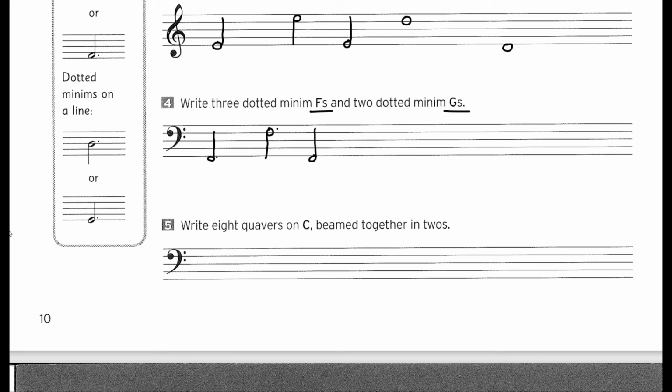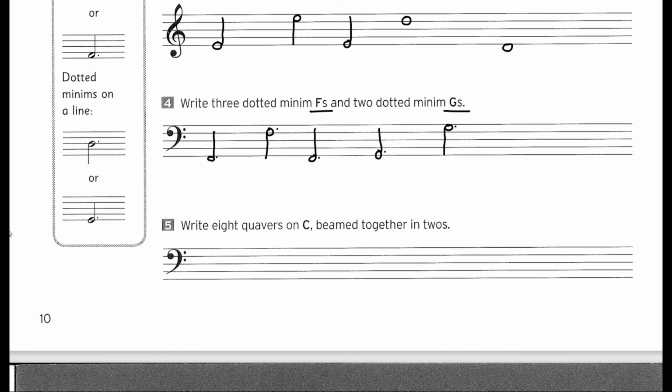Let's set 3 dotted minims. Now 2 dotted Gs. So first line and second space. Okay, so that's your 2 dotted Gs and 3 dotted Fs.